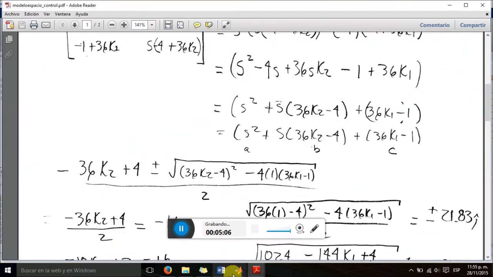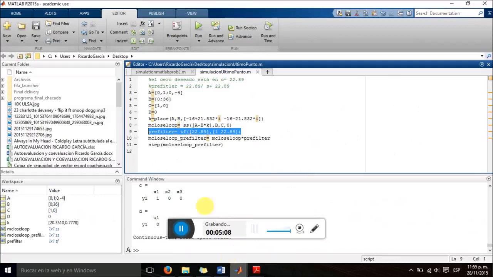Okay, and with that new information, we can now perform a simulation in MATLAB. We have the A matrix, the B matrix, and the C matrix, and in this case our D matrix is 0 because we have nothing before the initial conditions.